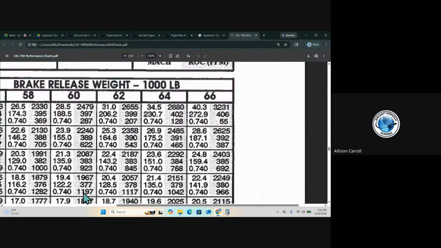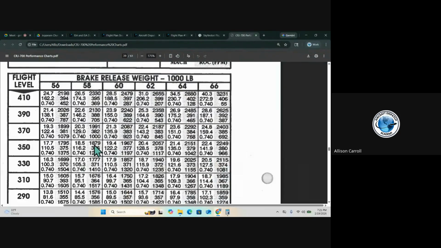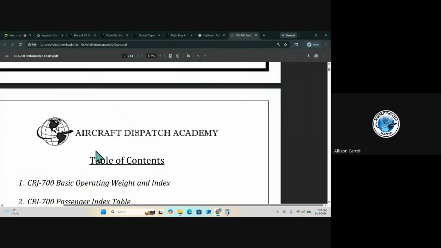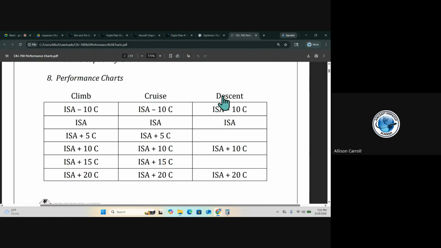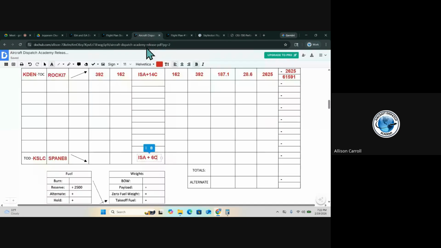Let me zoom out of here. Coming back down, now we're going to be in descent right here. For descent charts, the charts that we have available are ISA minus 10, regular ISA, ISA plus 10, and ISA plus 20. Our ISA deviation is ISA plus 6.